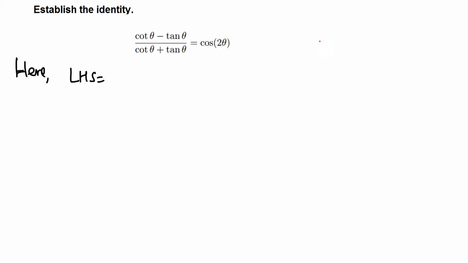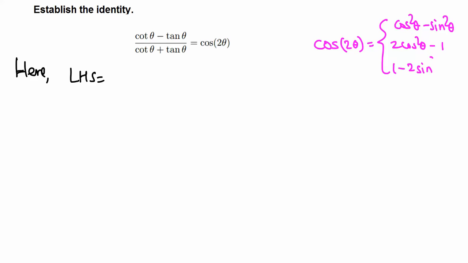Cosine of 2 theta has three different formulas. So that's cosine square minus sine square, 2 cosine square minus 1, or 1 minus 2 sine square. So to get cosine 2 theta on the right hand side, we have to get one of these three.